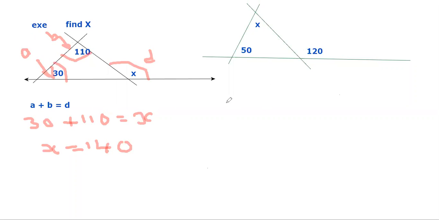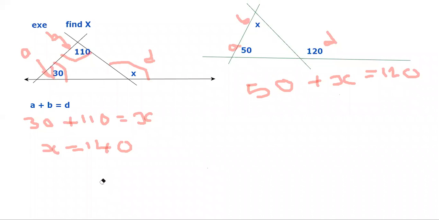What about here? You know that 50 plus X. Remember, this is your A, this is your B, this is your D. 50 plus X is equal to 120. So what is X? It's simple. I wanted to go very fast, but most of you still can't do algebra very well. So I'll start in simple terms, by collecting terms.